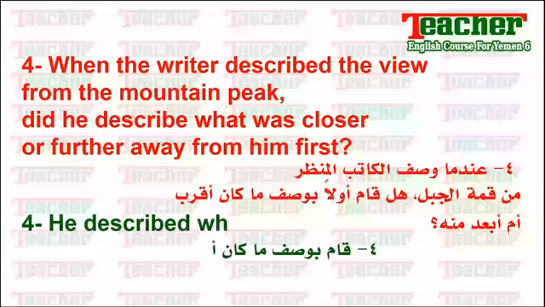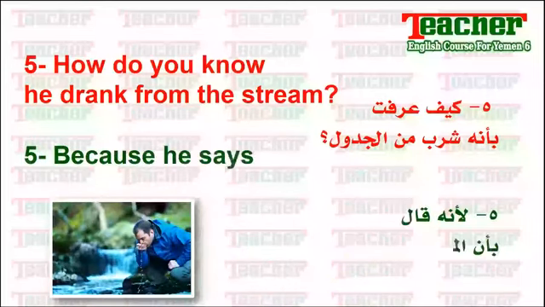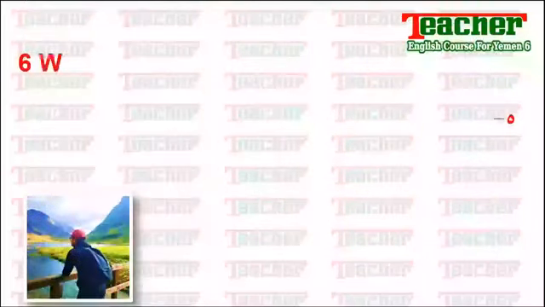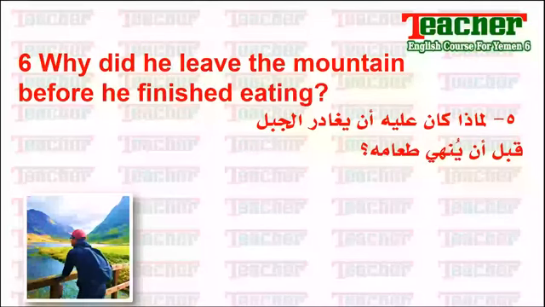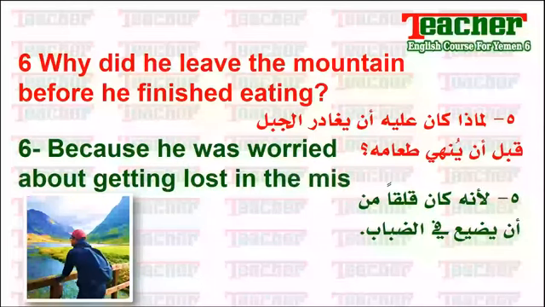He described what was closer. 5. How do you know he drank from the stream? Because he says the water tasted very good. 6. Why did he leave the mountain before he finished eating? Because he was worried about getting lost in the mist.